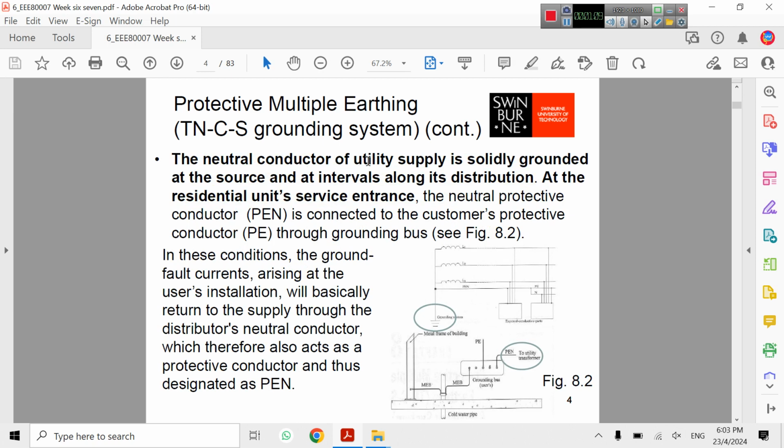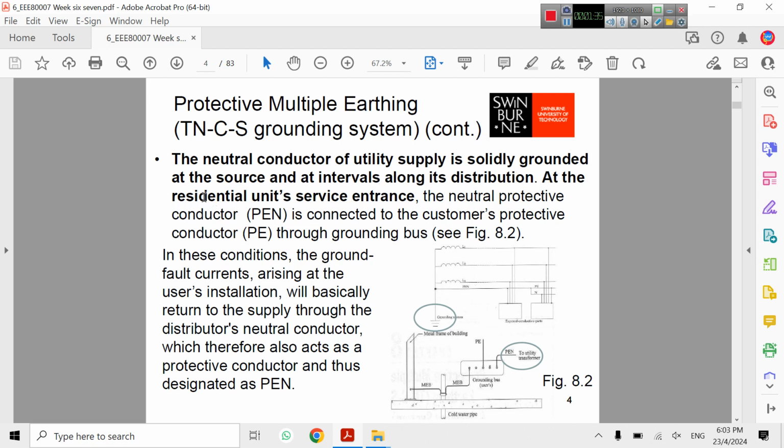The neutral conductor of the utility supply is solidly grounded at the source and at intervals along its distribution. So extra grounding rods are connected along its distribution.